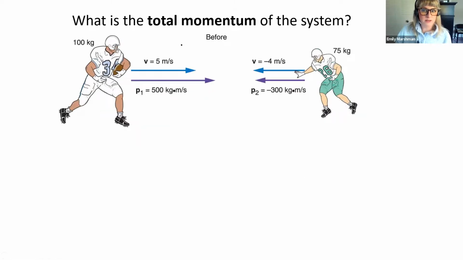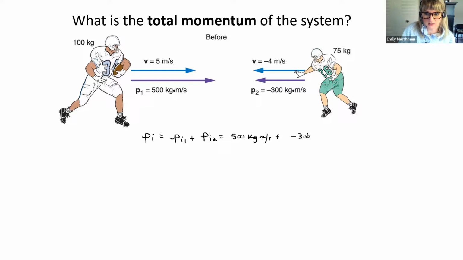The total momentum of the system before they collide, right? So P initial, before they collide, is the initial momentum of each player summed up. So 500 kilogram meters per second plus negative 300 kilogram meters per second.